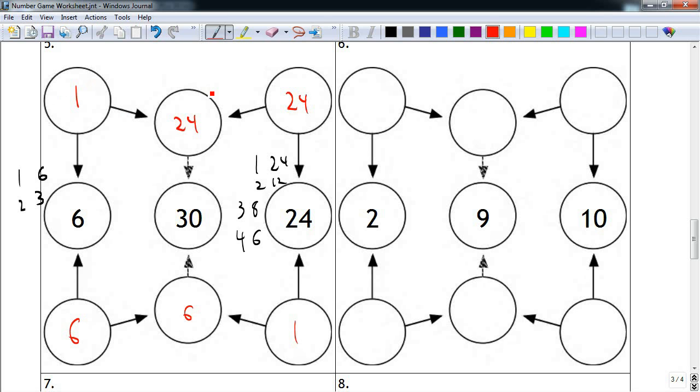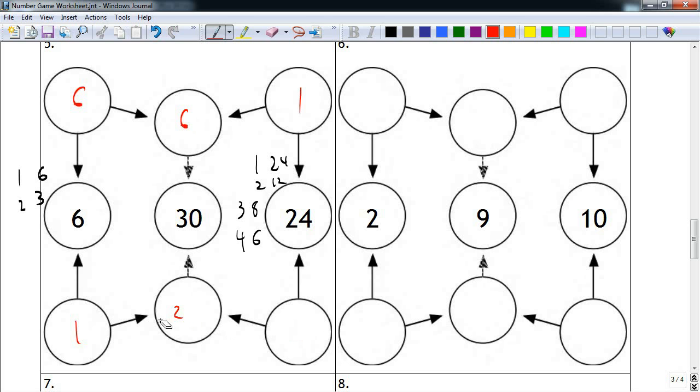Okay, but that's not the only combination that works. For example, I could put the 6 up here and the 1 here, and then reverse this 1 and 24 and get the same outcome.